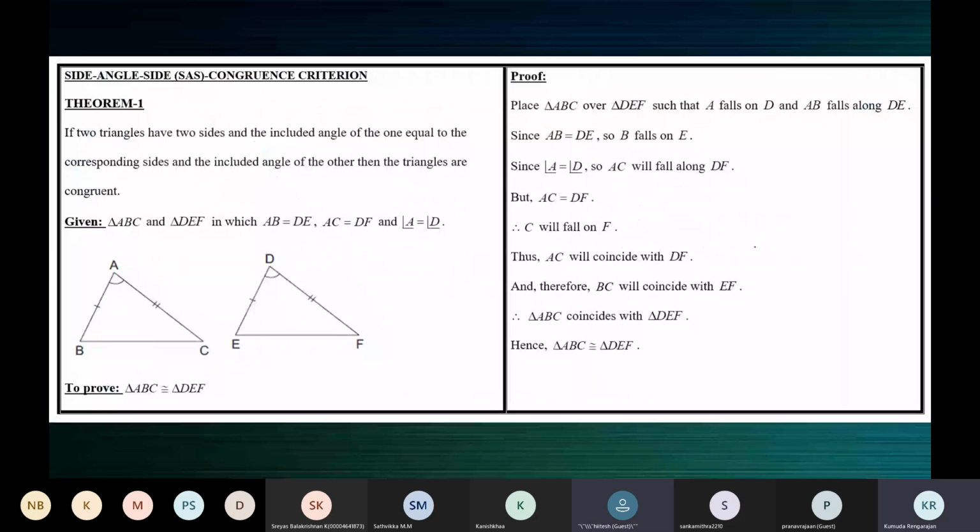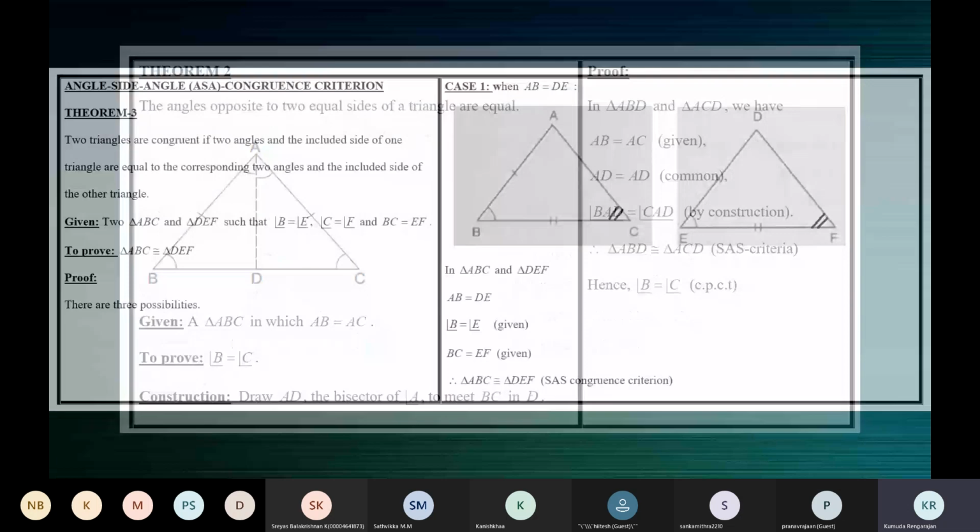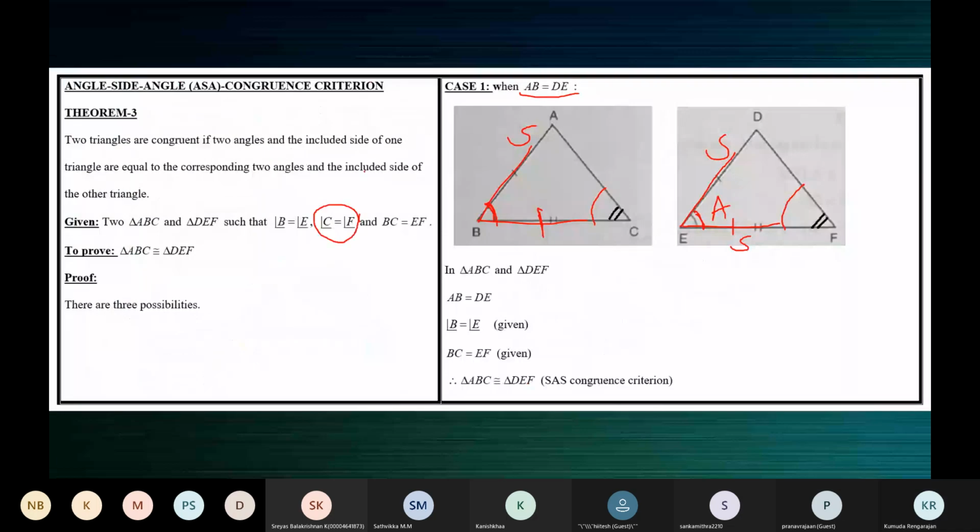With the help of an activity, we first find the SAS congruence criterion. Then we move on. We take up two triangles where we have information about two pairs of equal angles and one pair of included sides equal. At this point, we only know the SAS congruence criterion.